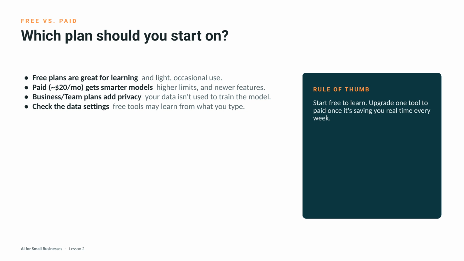If you'll be handling any customer or financial information, look at the business or team plans, because those promise not to use your data to train the AI, which matters for privacy. And wherever you start, take 2 minutes to check the data settings, since some free tools may learn from what you type. We'll cover all of this carefully in Lesson 7.